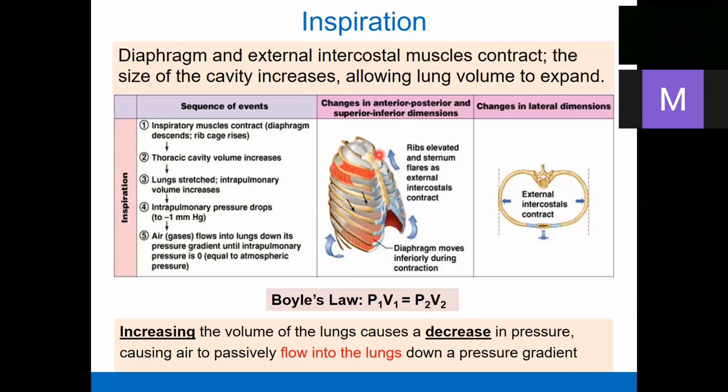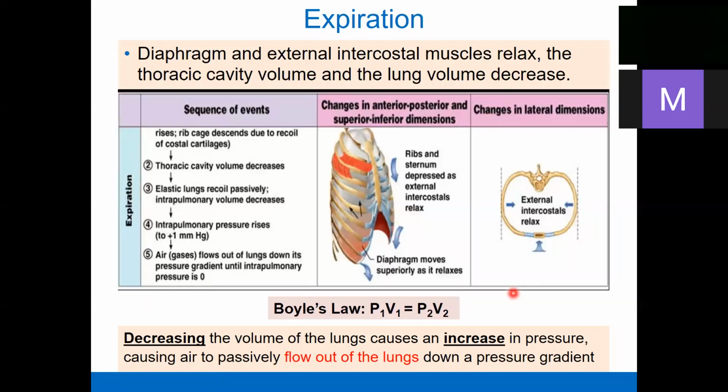Okay. Now let's move forward. This is about expiration or exhalation. Once we expel the air out from the lungs, the mechanism is almost the same, but the events are vice versa.